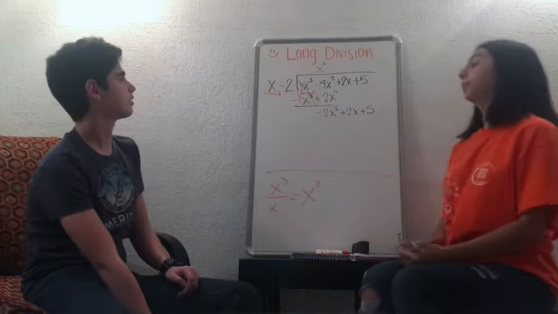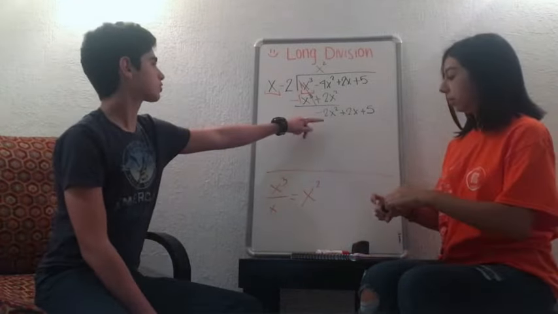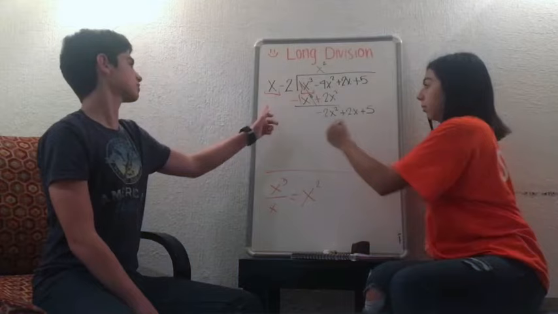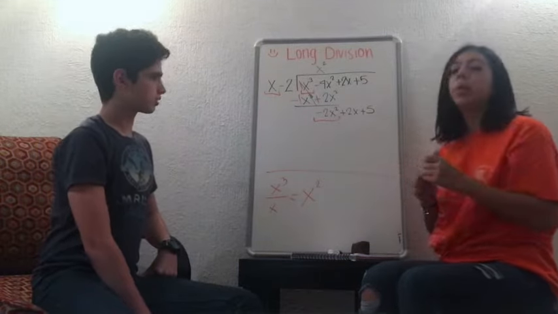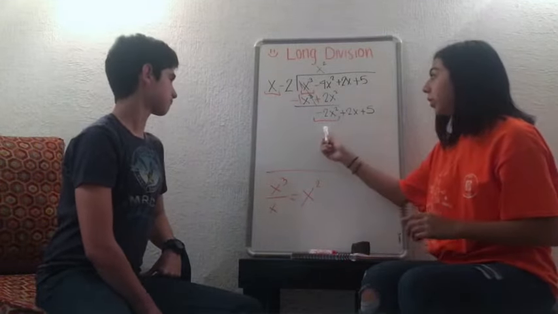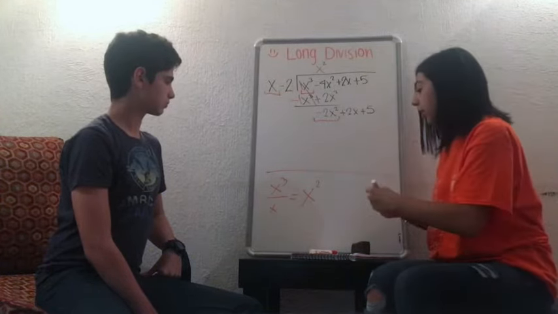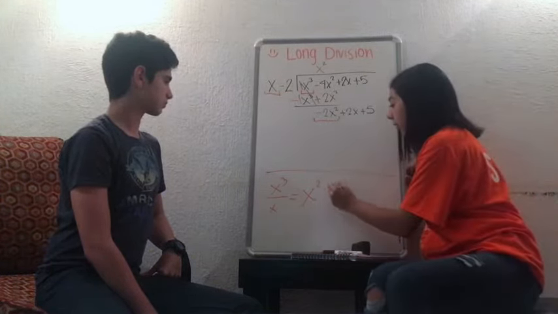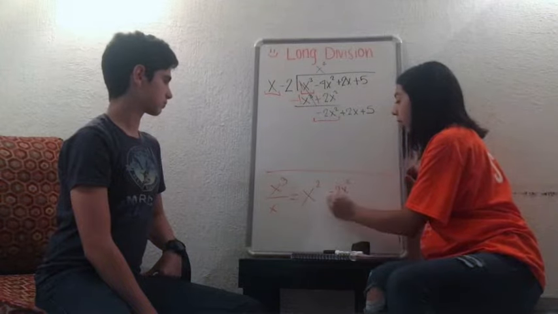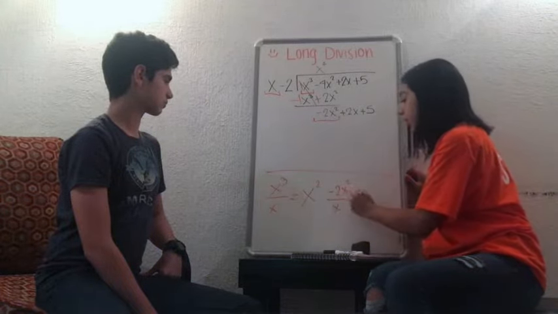Then the negative 2x squared, we're going to divide it by the x. It's exactly the same process we did before. We just take the first term and divide it by the x. So it's negative 2x squared divided by x.